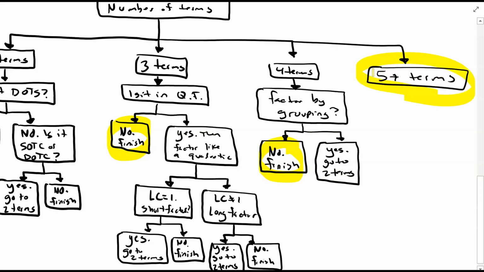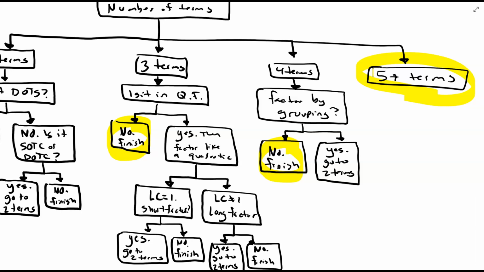What we're going to do over the course of this next week or so is fill in these parts of our factoring tree. So if I have a 3-term polynomial that's not in the quadratic form, it might still be factorable. We're going to develop some methods to handle that. Or if I have a 4-term polynomial that can't be factored by grouping, it might still be factorable.